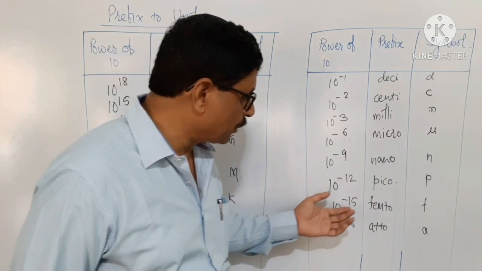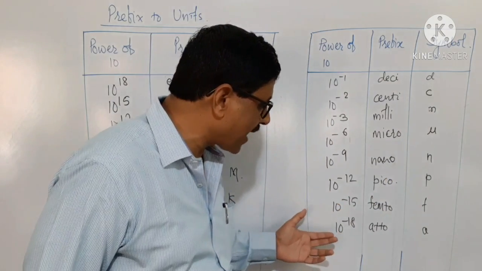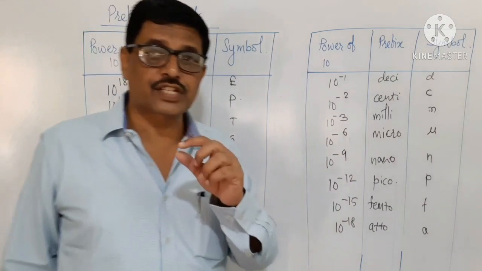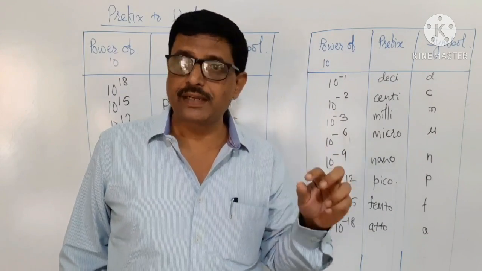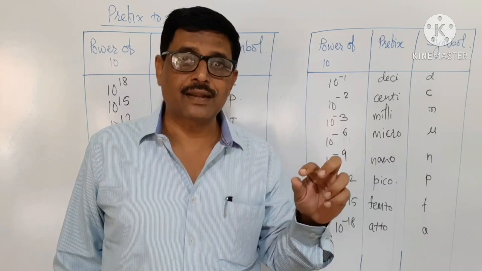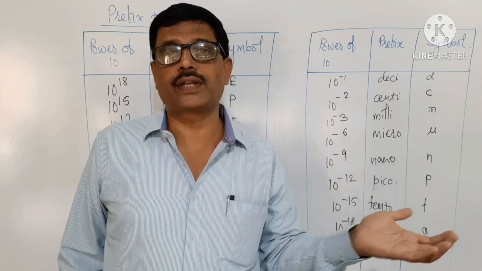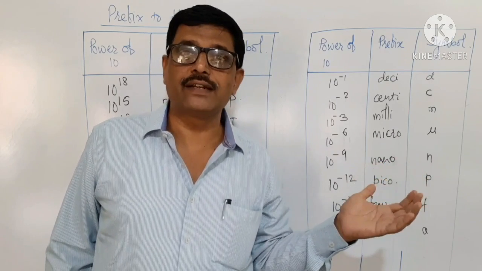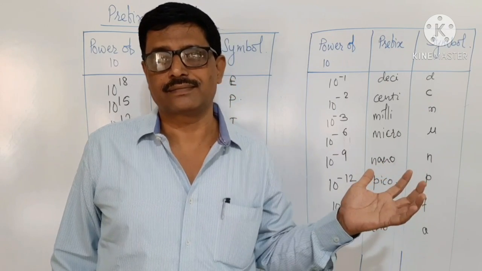Similar to that, 10 to the power minus 15 and 10 to the power minus 18. These are very important prefixes which come with units, so that you will get the power of 10, and it makes it more convenient to write the quantity.